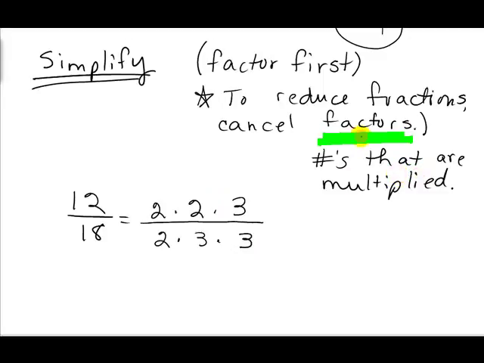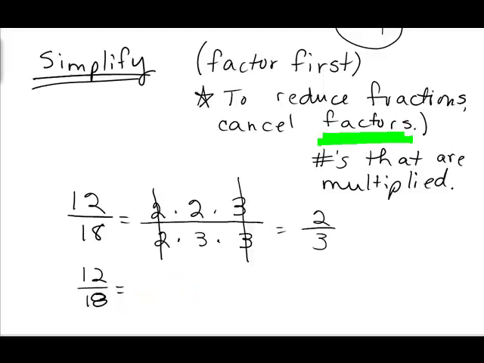These numbers are being multiplied. They are factors. And so what I can do here is when I have 2 over 2, that becomes 1. 3 over 3, that becomes 1. And my answer is going to be what's left.